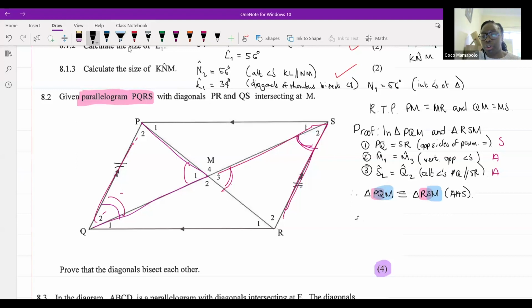And then I can also say that PM is equal to RM, which is the other thing that we needed to prove. There we go, and that's your 4 marks.